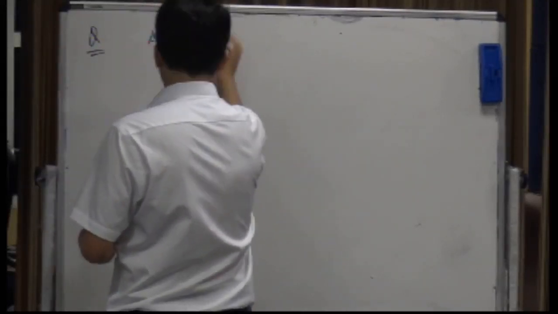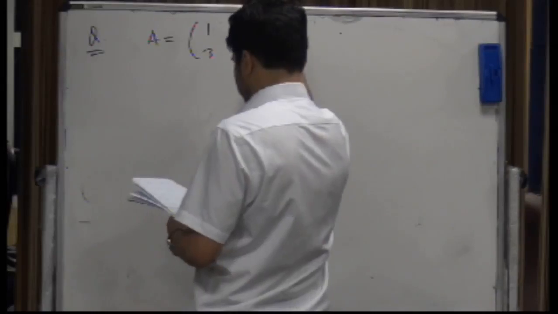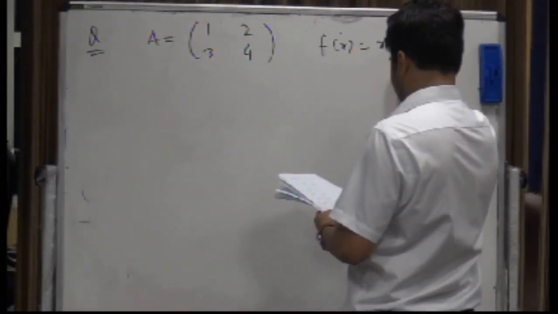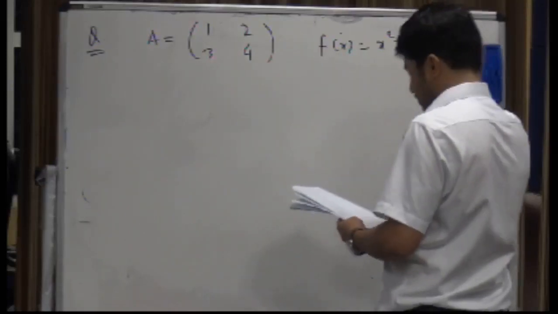A is given as 1, 2, 3, 4, and f(x) is given as x square minus 5x plus 6.